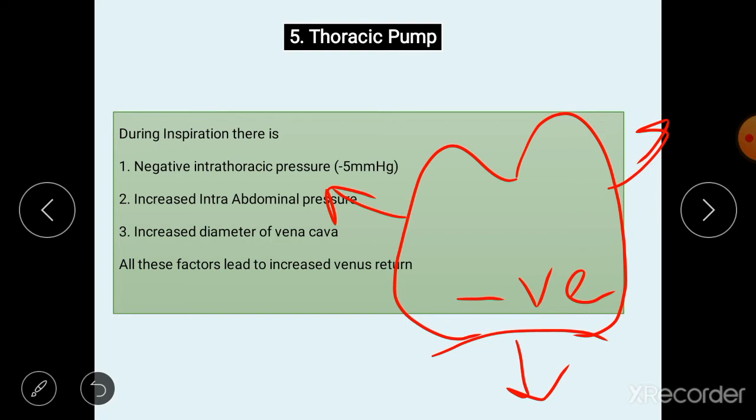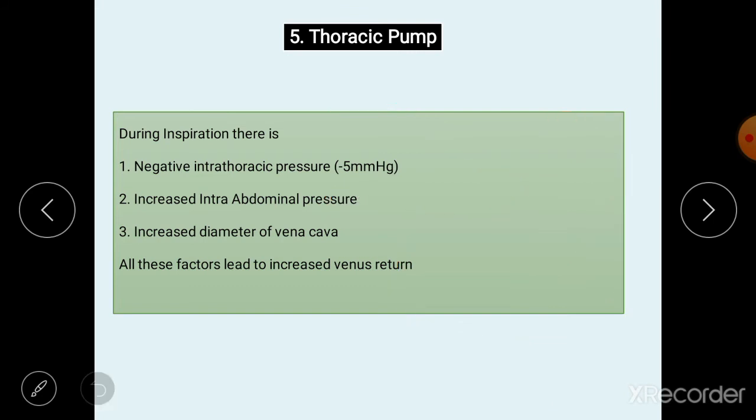Since your heart is present in your thoracic cavity, due to the effect of suction, blood gushes from the periphery towards your right atrium. So your thoracic pump, which is your thoracic cavity, also acts as a suction for the blood. So when you inspire deeply, you pull the blood from the periphery towards your right atrium. So inspiration increases your venous return.